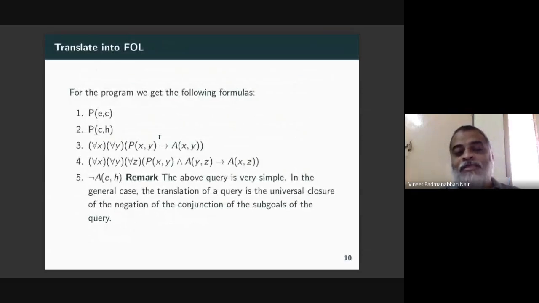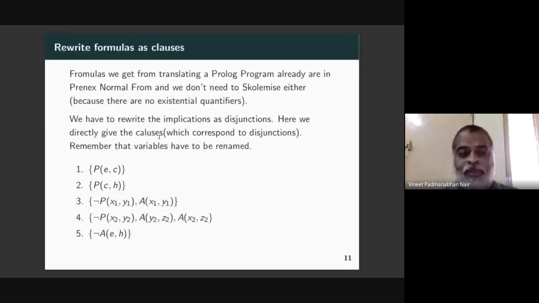X and y are happening in the first rule as well as the second rule, so you need to keep track of which x and y is happening with which rule. That is why you are renaming the variables, putting x1, y1 there.